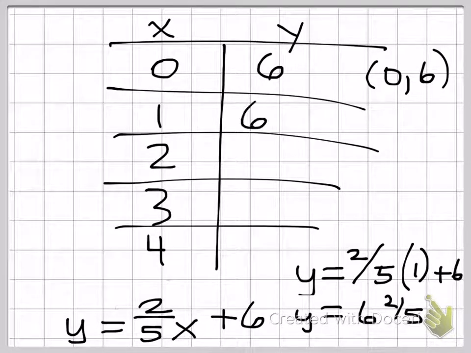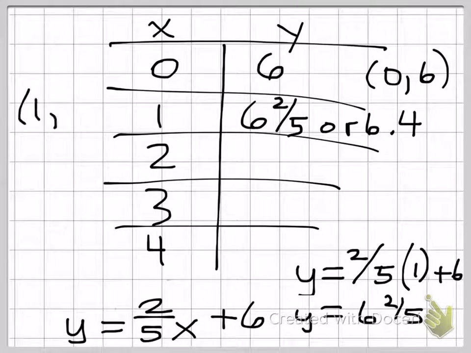So you can write that as a fraction, or you can do 2/5 as a decimal, which would be 0.4. So you could write 6.4. But that would be your second ordered pair. It would be (1, 6.4).